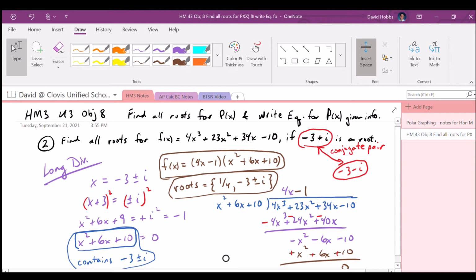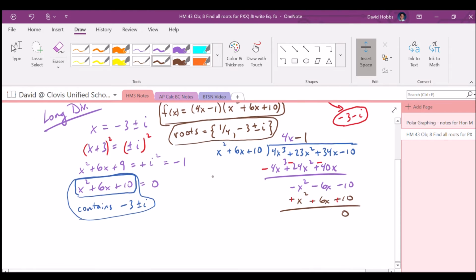We could also graph the problem if we needed to. We know it's a low to high because of positive 4x to the third. We can see that we have only one x-intercept at positive 1/4. And it's not a line.